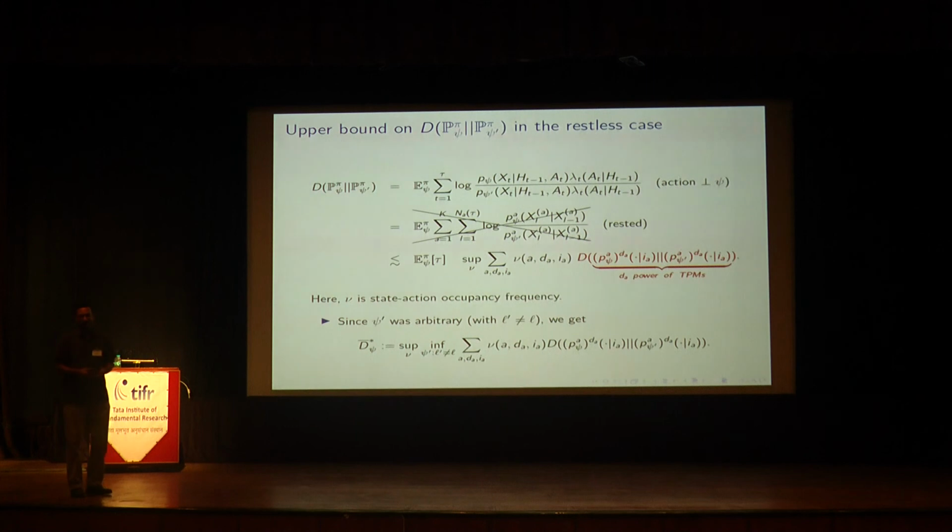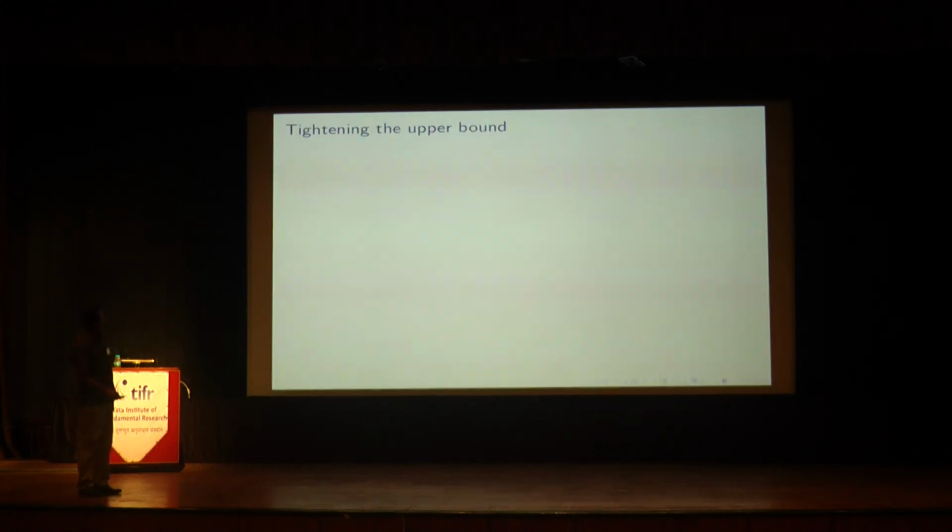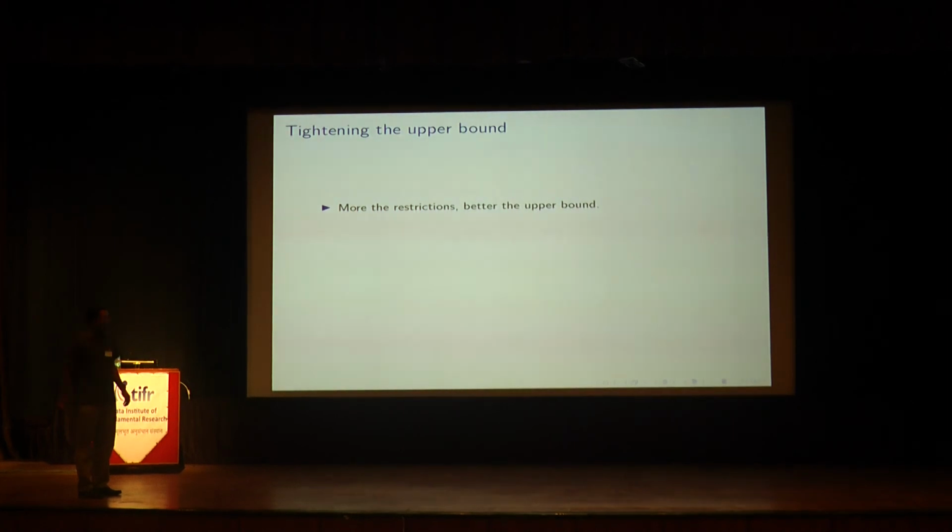But when you write it in terms of the marginals, it's not clear that once you do this supremization and you capture the nu, you'll be able to come up with an achievable rate. And so this particular step essentially gives you an upper bound that could potentially be loose. And what one needs to do is tighten this upper bound in some way.